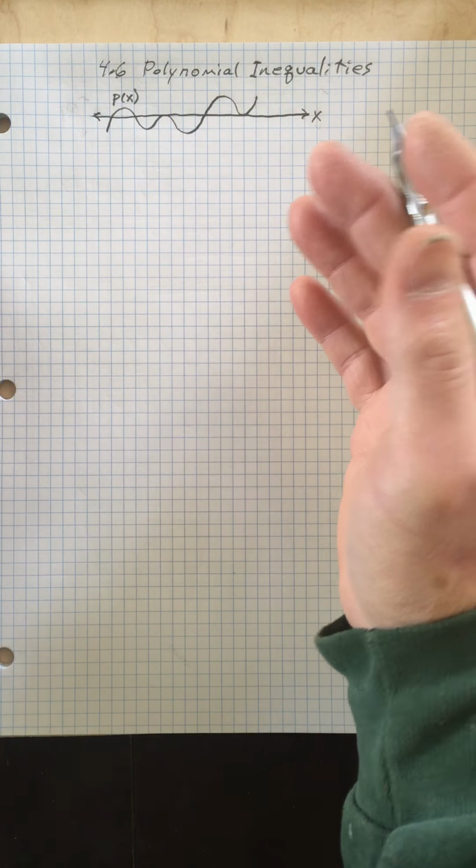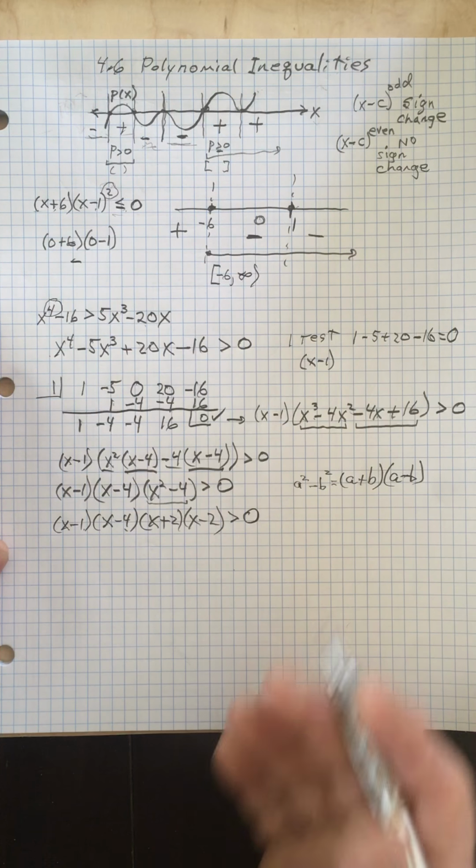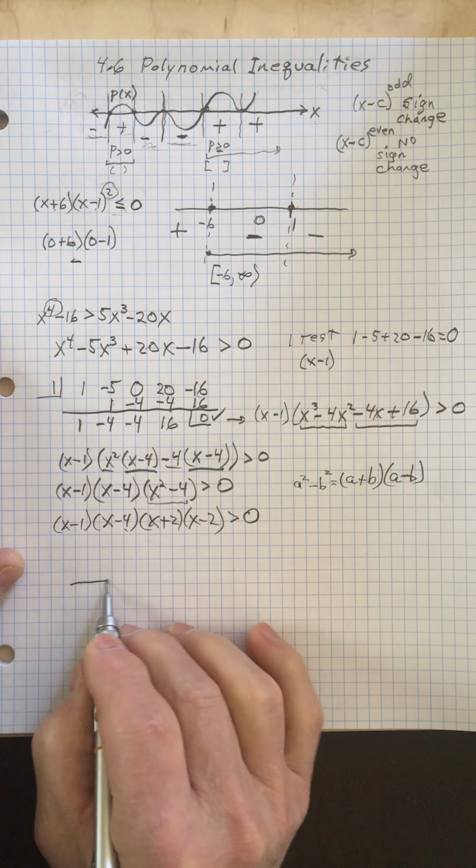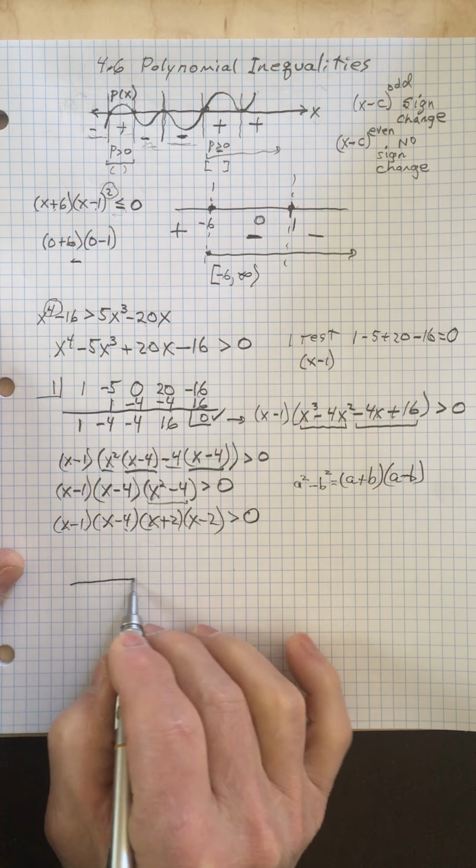All of these have a multiplicity of 1. That means the sign's going to change every time the curve goes through one of these roots. Okay, also, the degree was 4, and I have 4 different roots, so that makes sense. Okay, so we're ready to solve for the answer. Draw your line, pop in your roots.